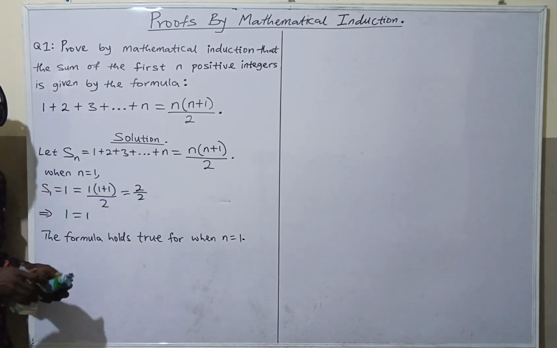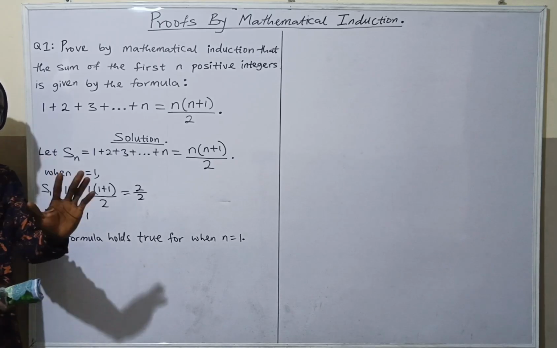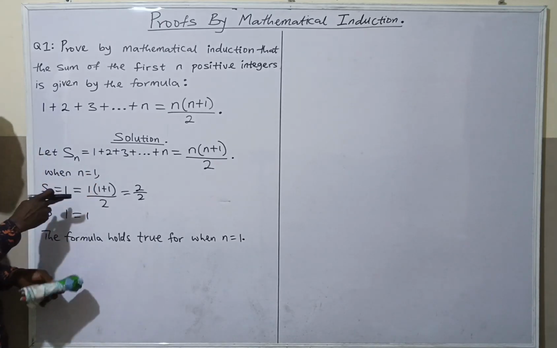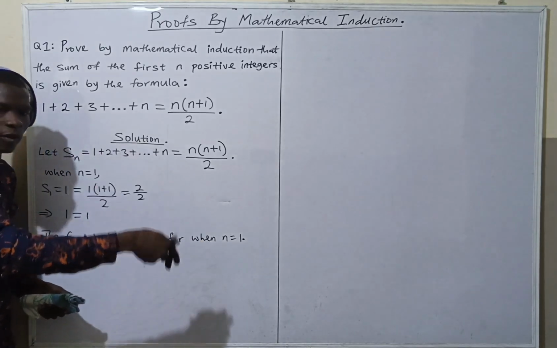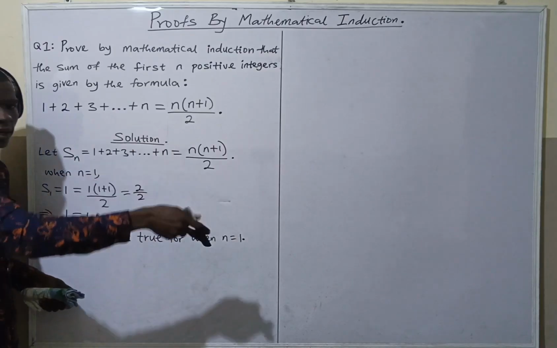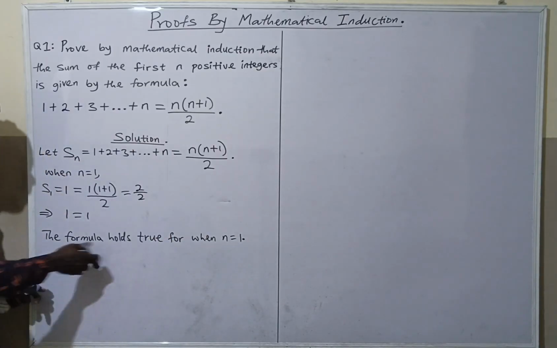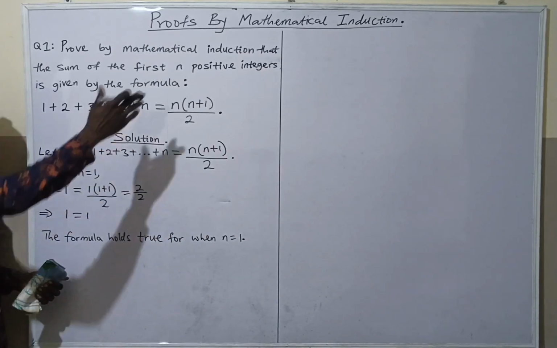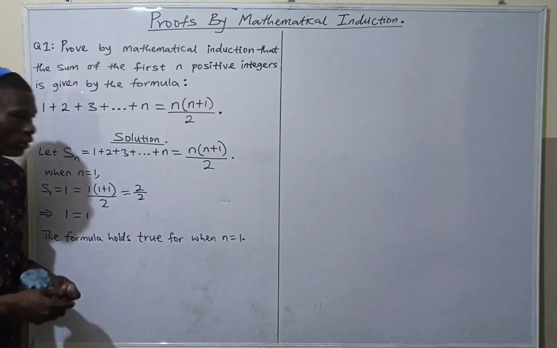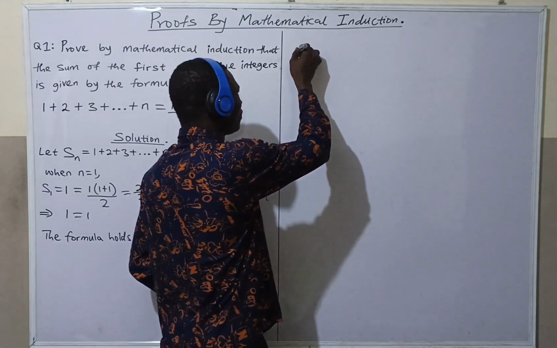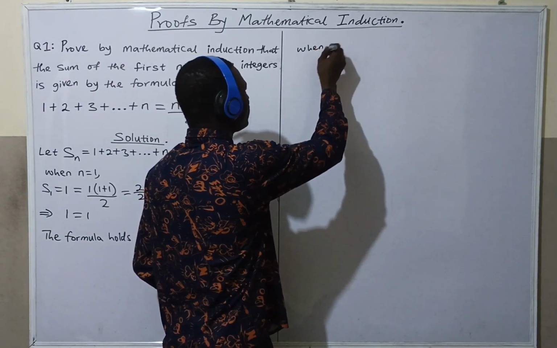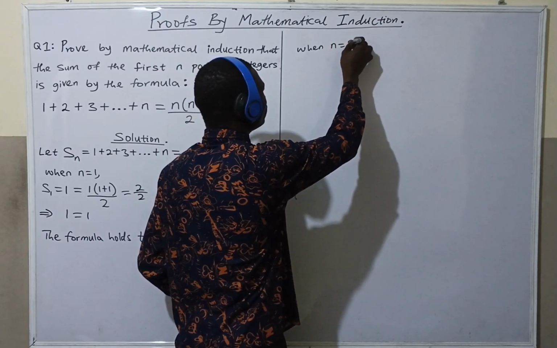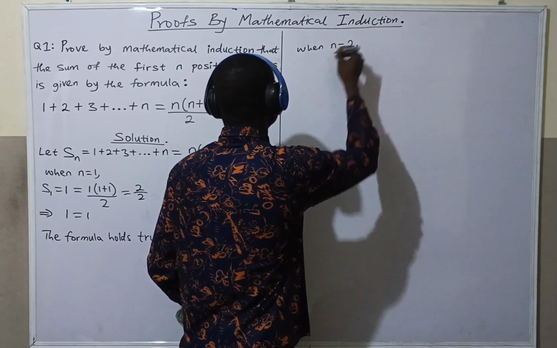Now, but before we proceed to the inductive step, for your own proper understanding, let's see if this same formula is going to hold true for when n is equal to 2 and when n is equal to 3. Okay, of course, that is not part of our solution, but just for better understanding on your own part. So we say here on this other side of the board, when n equals 2, what are we going to have?